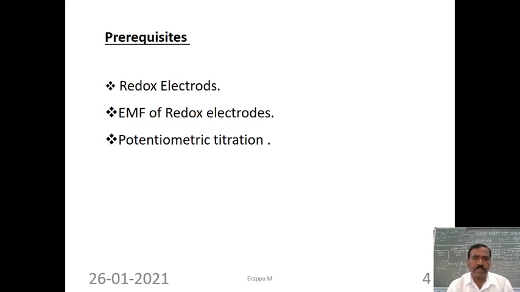For this, a redox electrode is required. What is the meaning of redox electrodes? How to calculate the EMF of redox electrodes? Then the principle involved in potentiometric titration. A reference electrode is also required here.